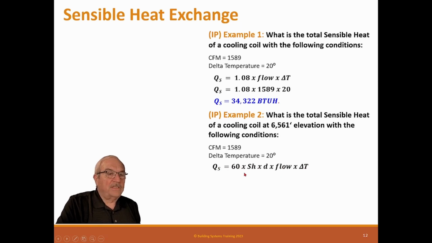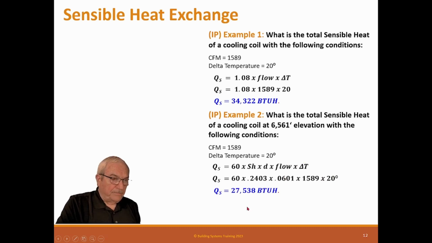So we've got 60 times the specific heat times density times the flow times delta T. So it's 60 times 0.2403, which is the specific heat of the air, times 0.0601. That's what I looked at before, where I showed how we interpolated from the table, times 1589 times 20, and that equals 27,538.